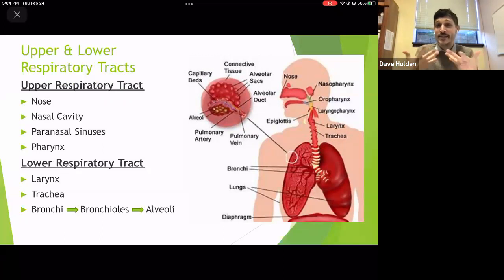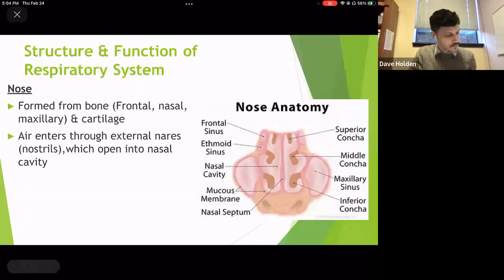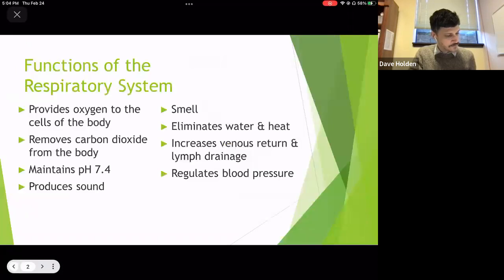Anyway, we speak by squirting air through our meat, particularly right here in the larynx, where your vocal cords sit. Oops, I'm going way too far. So, provides oxygen to the body, removes carbon dioxide from the body, maintains a pH of 7.4, which is just a shade alkaline. We produce sound through the respiratory system.